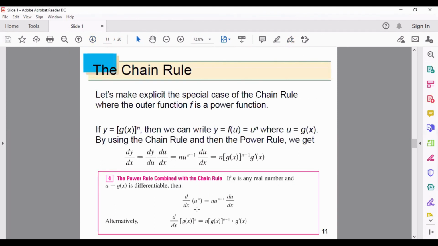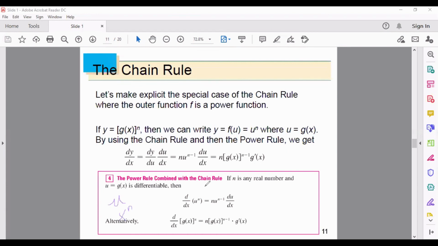Another thing, when we have u to the n, as I did before, what is the derivative of u to the n? It's a composition. What is the insider function and what is the outsider function? The insider function is u, and the outsider function is x to the n, something to the n.